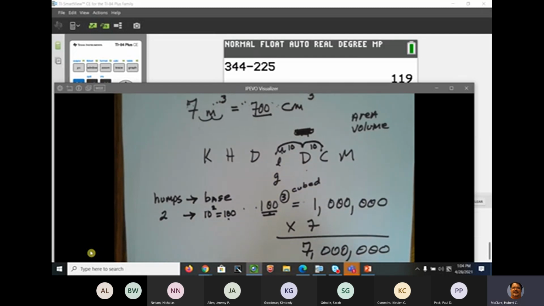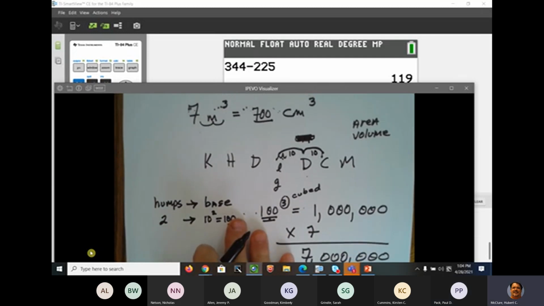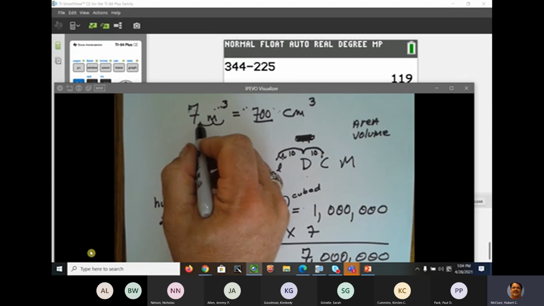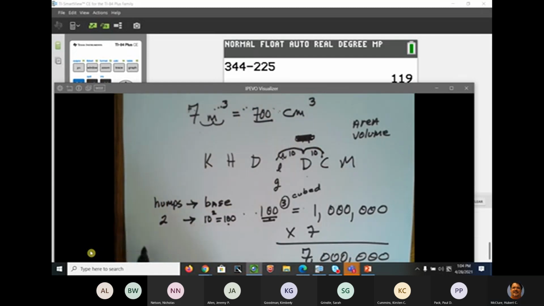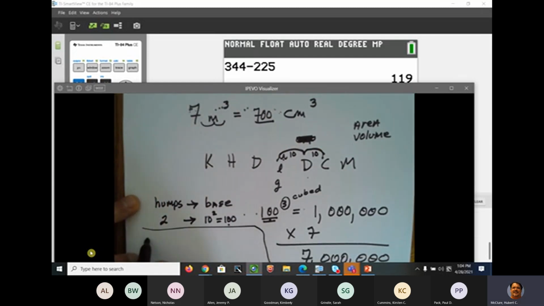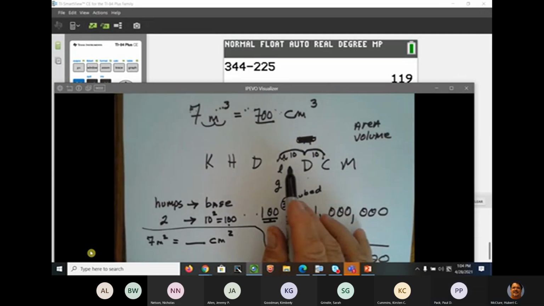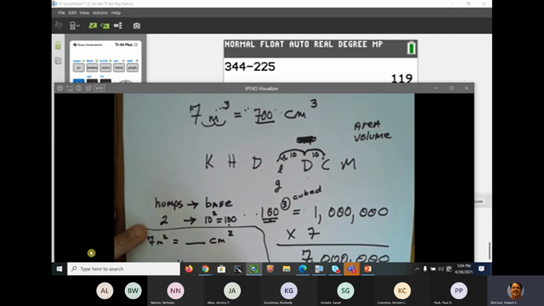So I'm going to leave that with you. Let's do this. If we were going from 7 meters squared to blank centimeters squared, do we still have 2 humps getting from meters to centimeters? Yes. So it's 100.